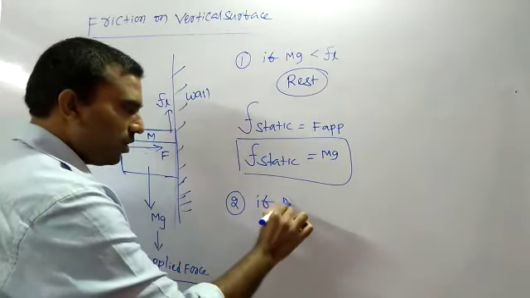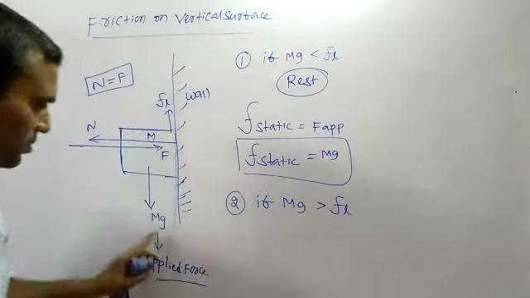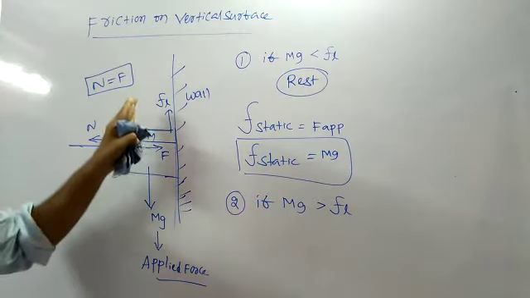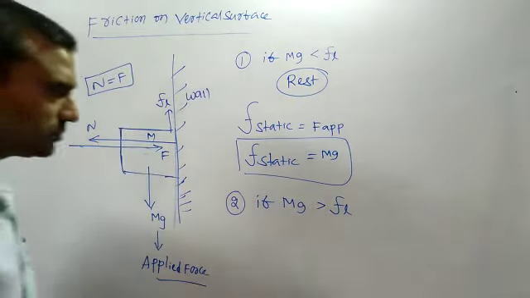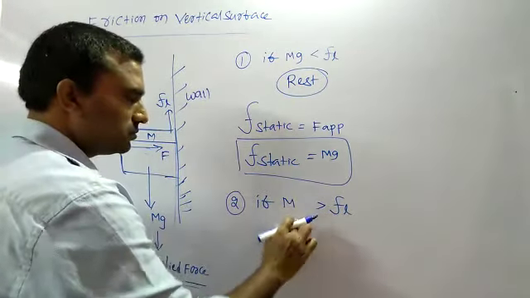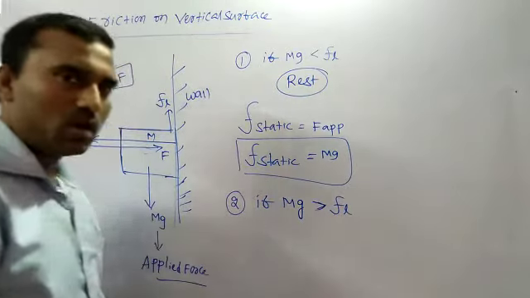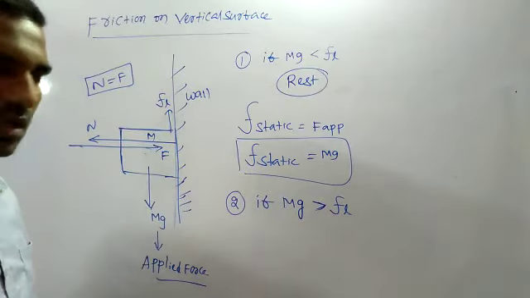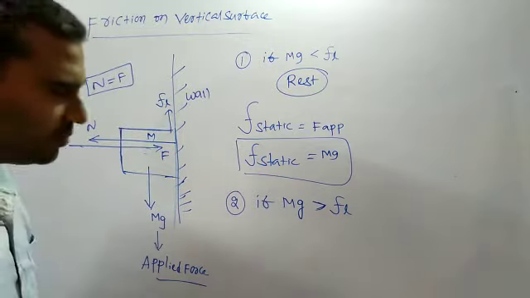Now the second case. If the weight of the block mg is greater than limiting friction, the block moves down. Once the block is in motion, the friction becomes kinetic friction.